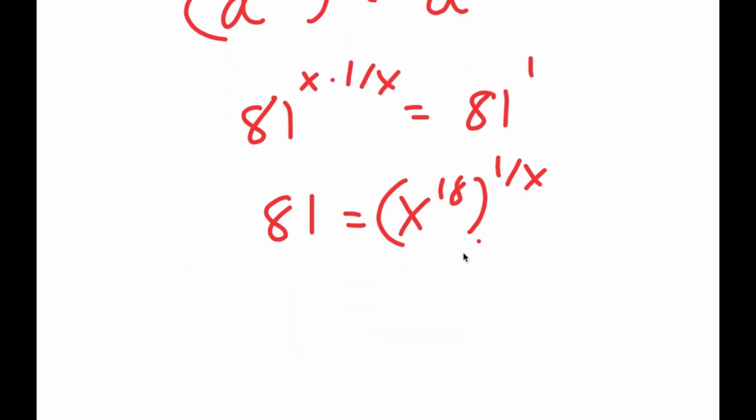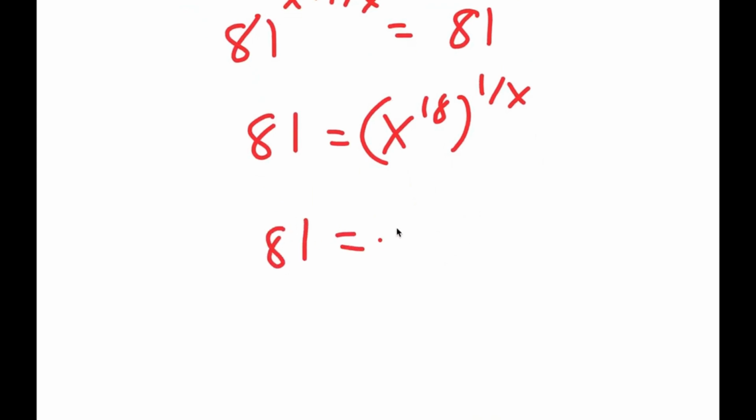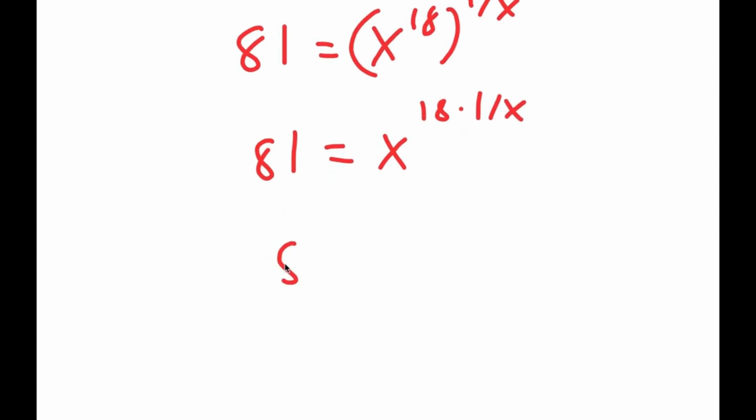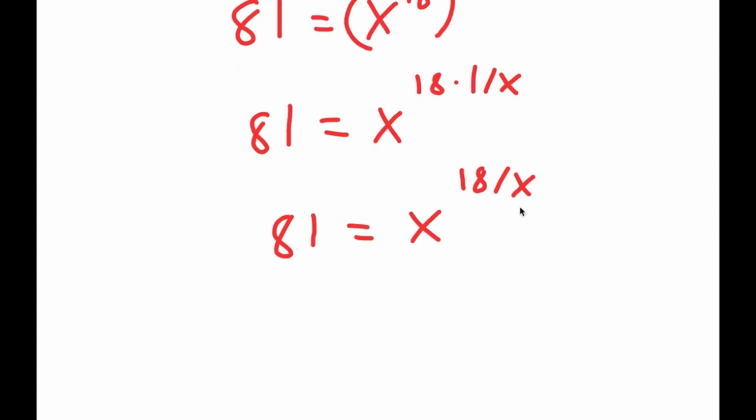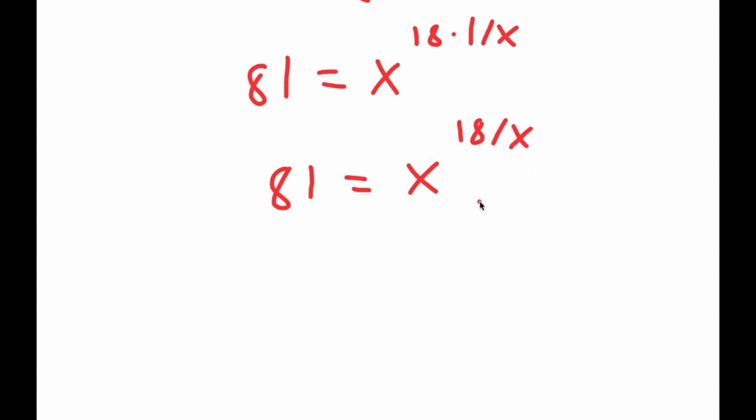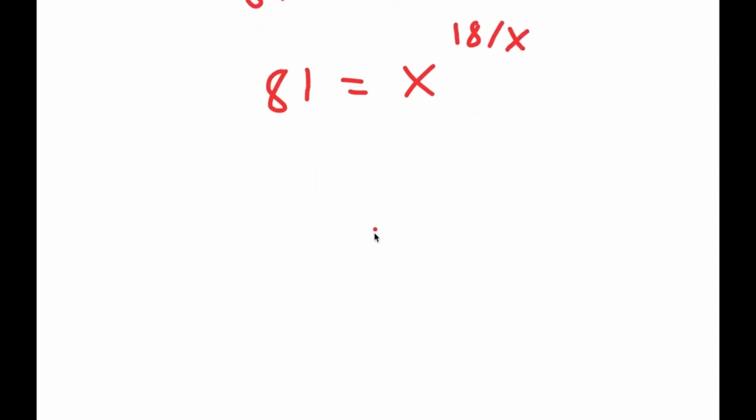And x to the power of 18 to the power of 1 over x is the same thing as x to the power of 18 times 1 over x, which is the same thing as x to the power of 18 over x. Now I'm going to take the power of 1 over 18 on both sides.